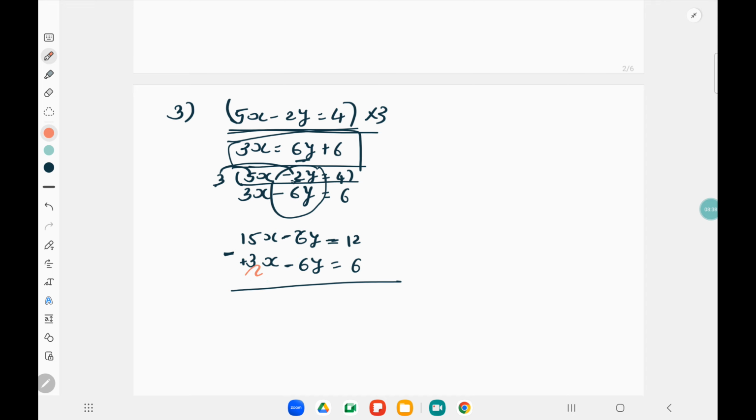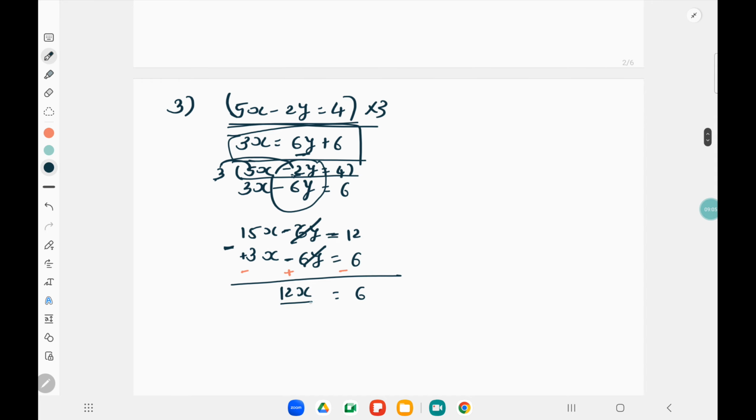So 3x is positive, becomes negative; 6y was negative, becomes positive; 6 was positive, becomes negative. Now let's start the calculation. 12 take away 6 is going to be 6. Negative 6y and this positive 6y are going to cancel down. 15 take away 3 is going to be 12x.